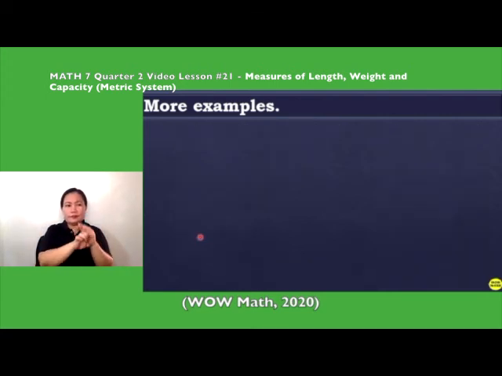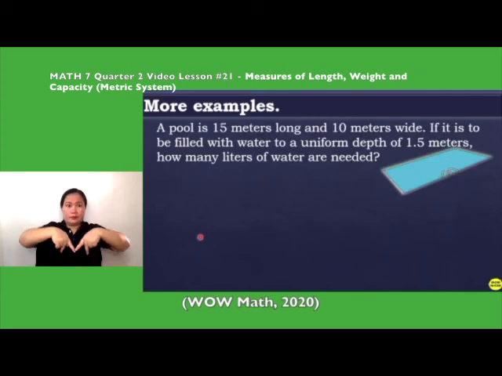Okay? Next. A pool is 15 meters long and 10 meters wide. If it is to be filled with water to a uniform depth of 1.5 meters, how many liters of water are needed? So, merong pool na ang goal is dapat malagyan ng tubig. Okay.